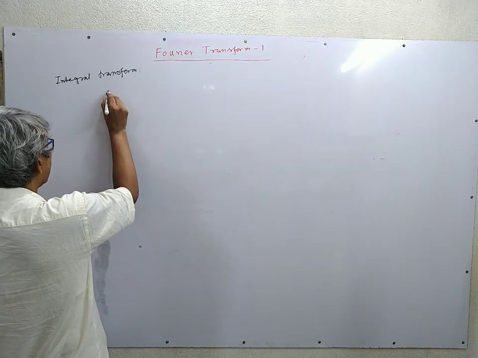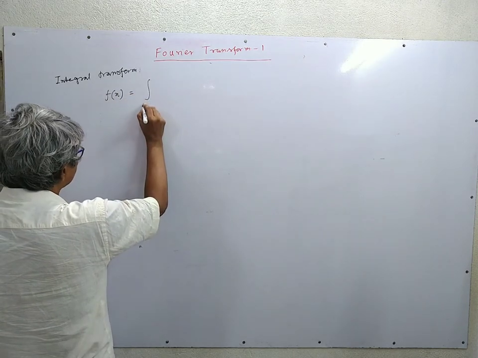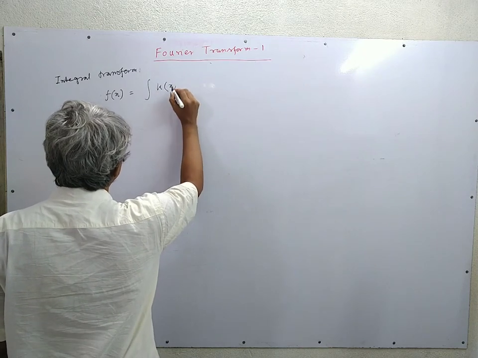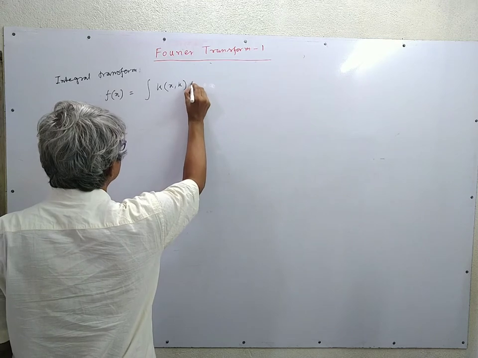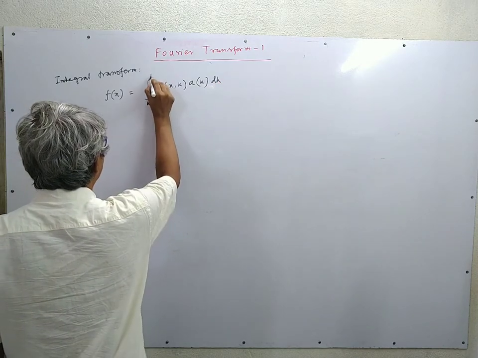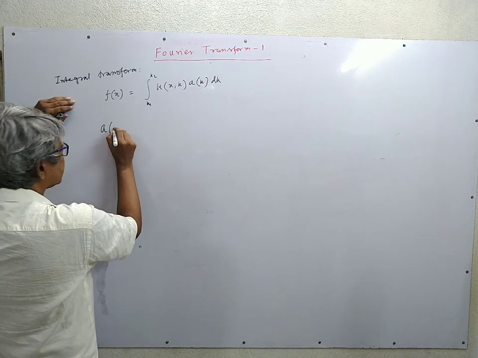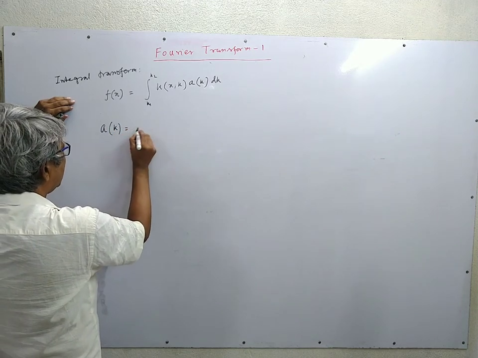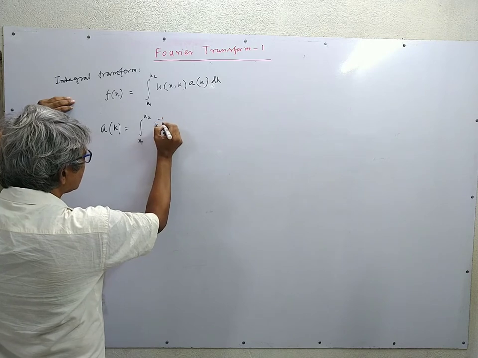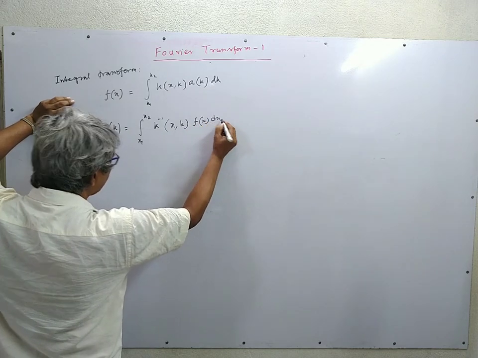We consider a function f, then we integrate it from some limit x1 to x2, this is an integral relation, and the inverse relation is written as this.